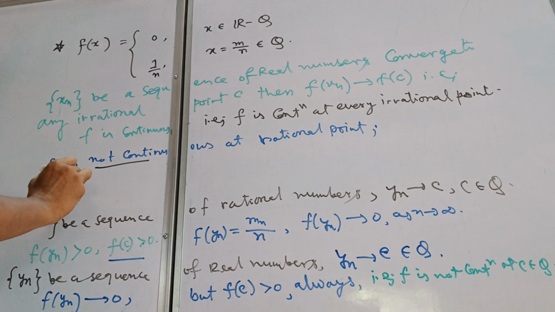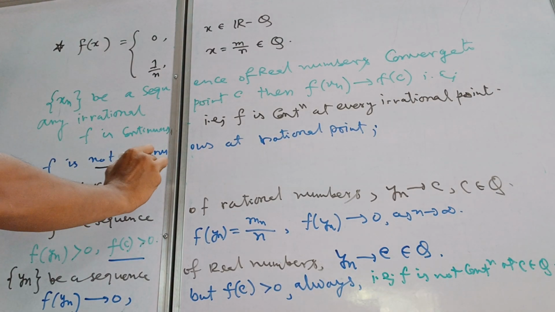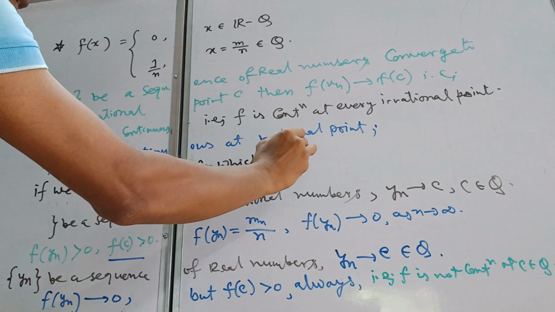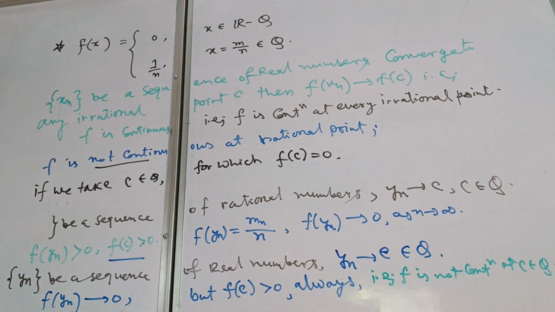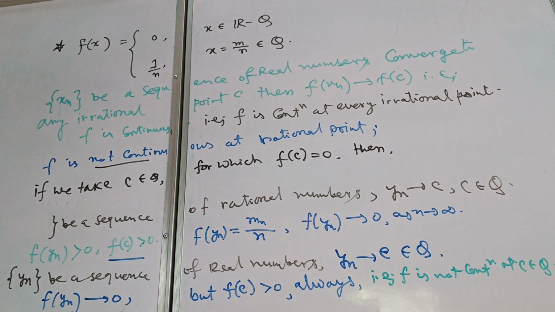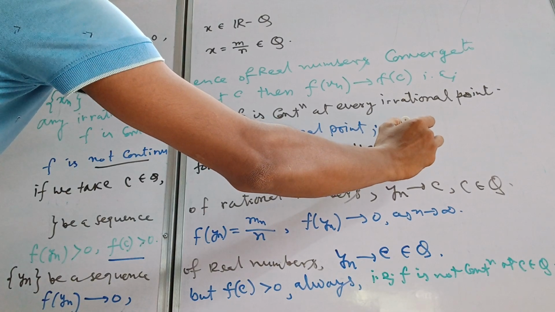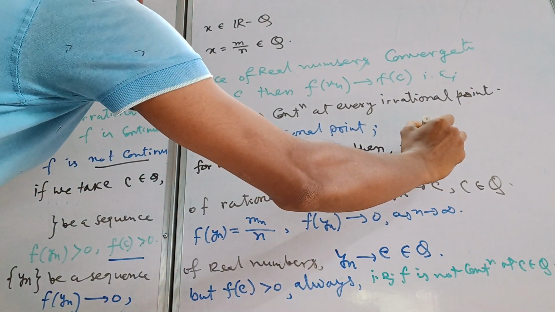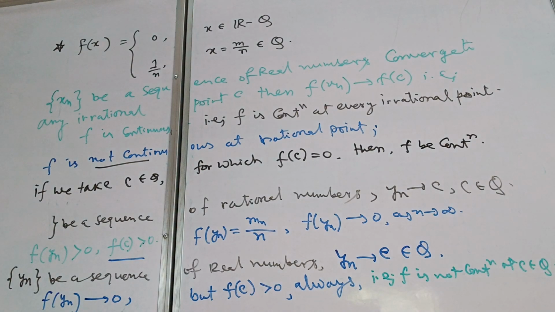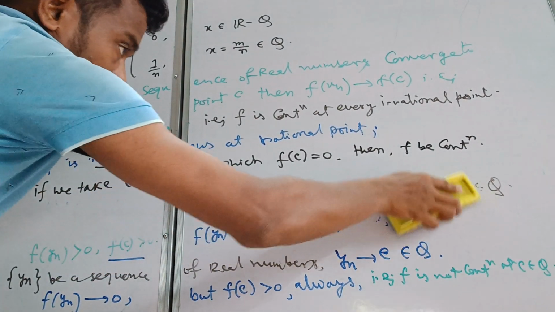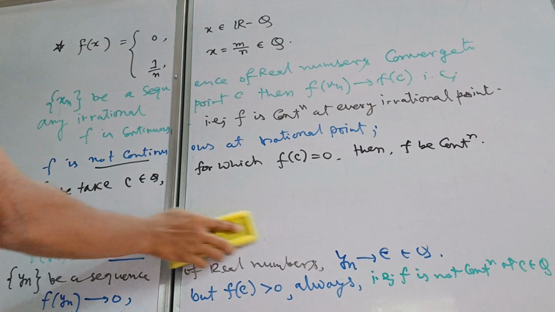If we take c belongs to Q and c equal to 0, then f would be continuous, but this is not possible here.